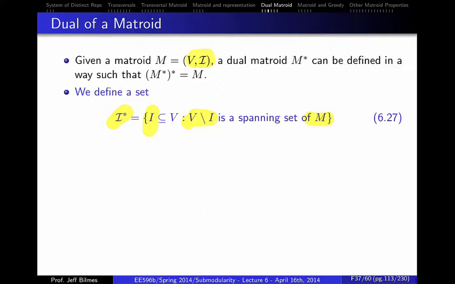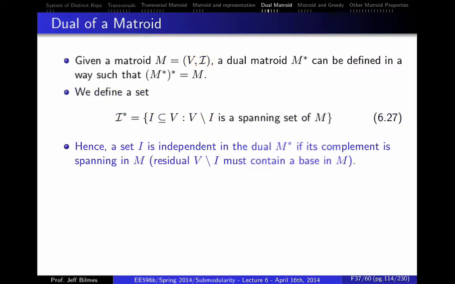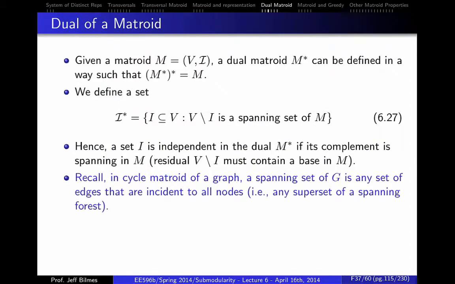So then, if you take the complement, we still get a spanning tree, so it becomes independent in the dual matroid. So it's totally strange, but it's true. So a set is independent in the dual if its complement is spanning in M. So another way of thinking about it in words is that the residual must contain a base. So V minus I must contain a base in M for I to be independent in M star.